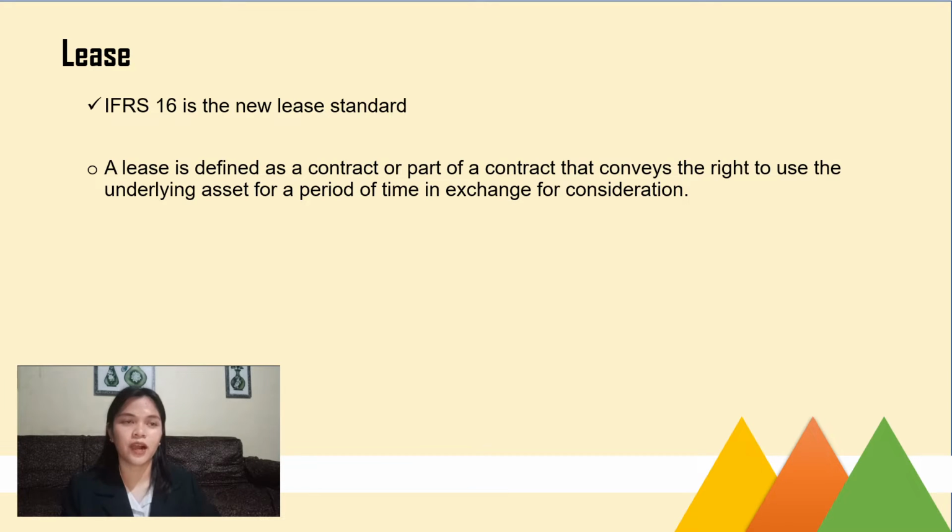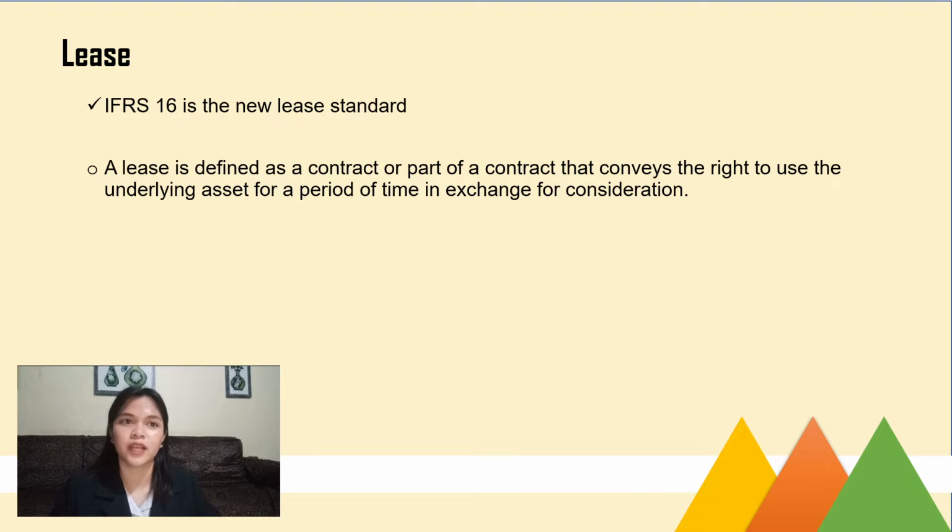Then, under IFRS 16, a lease is defined as a contract or part of a contract that conveys the right to use the underlying asset for a period of time in exchange for consideration. So, in layman's terms, ang lease ay rent. Di ba sa rent, there are two people involved, yung lessor and yung lessee. Yung lessor yung nag-provide and yung lessee yung nag-obtain. Like, yung lessor yung nagpaparent, then yung lessee yung nagre-rent.